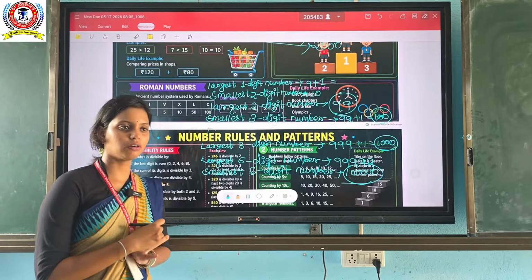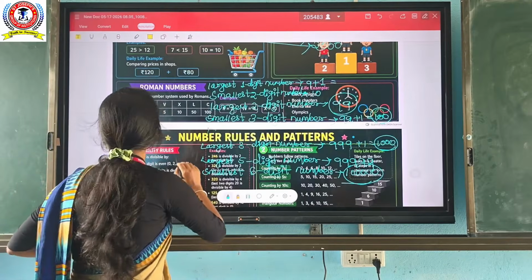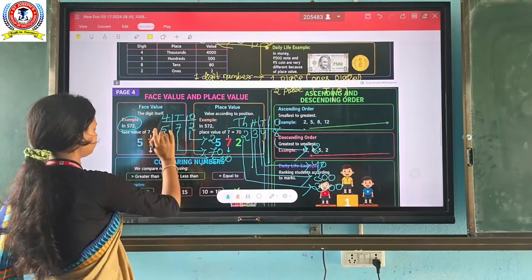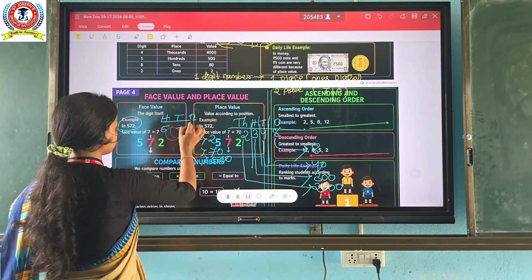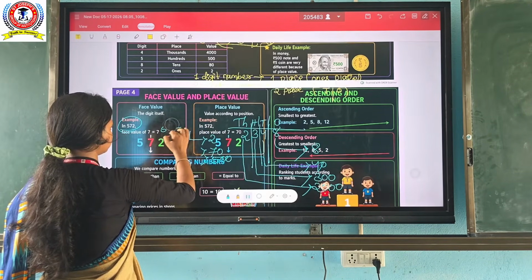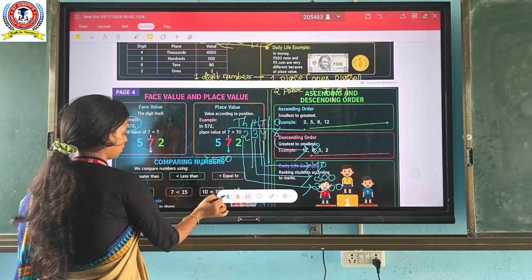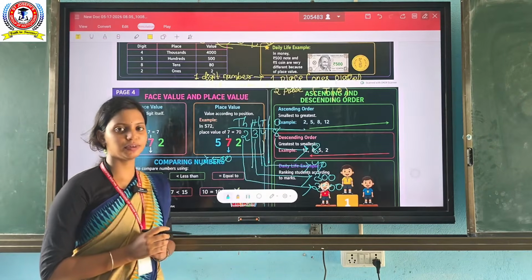Now we will know about face value of numbers. Okay, so face means क्या?